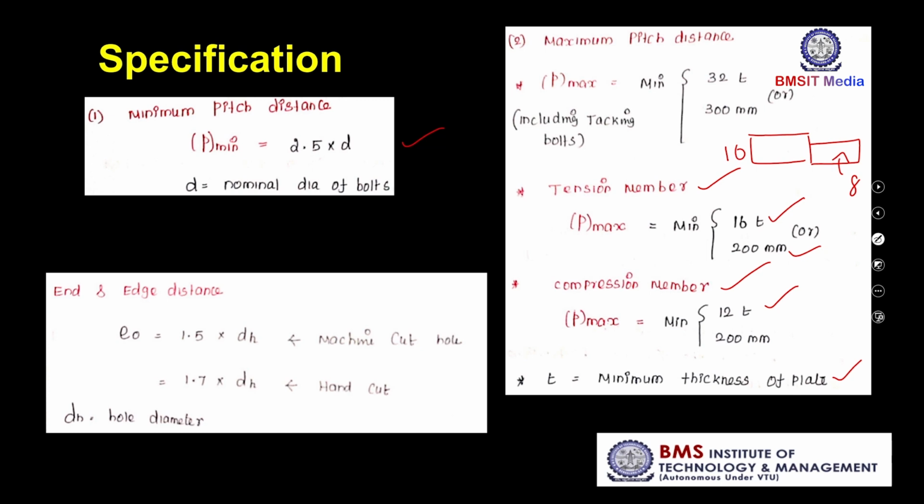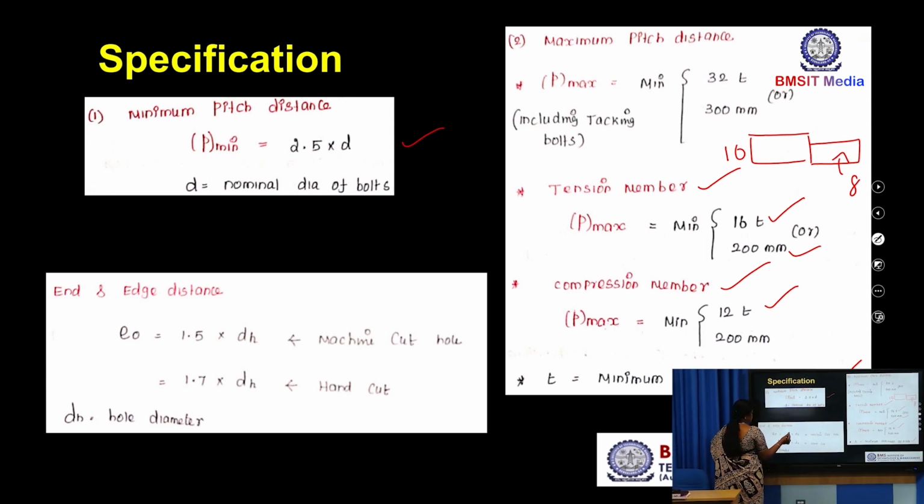Now, coming to the end and edge distance. For end and edge distance, the symbol is the same, E naught. Some textbooks mention E naught, otherwise just E. Here E naught equals 1.5 times the diameter of the hole for machine cut. If you make the hole using a machine, E naught equals 1.5 times DH.